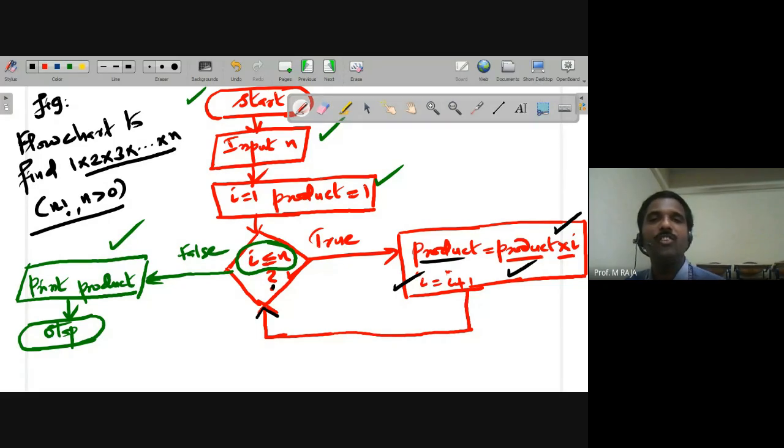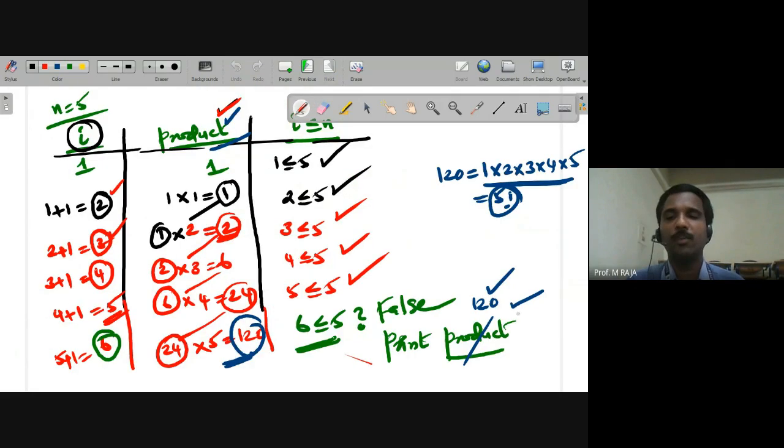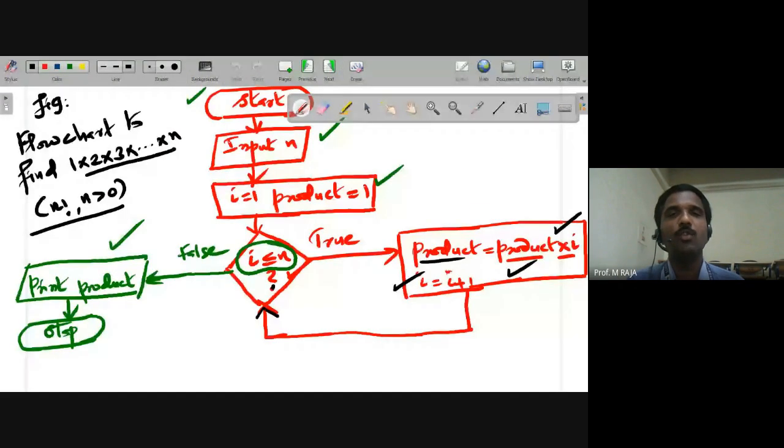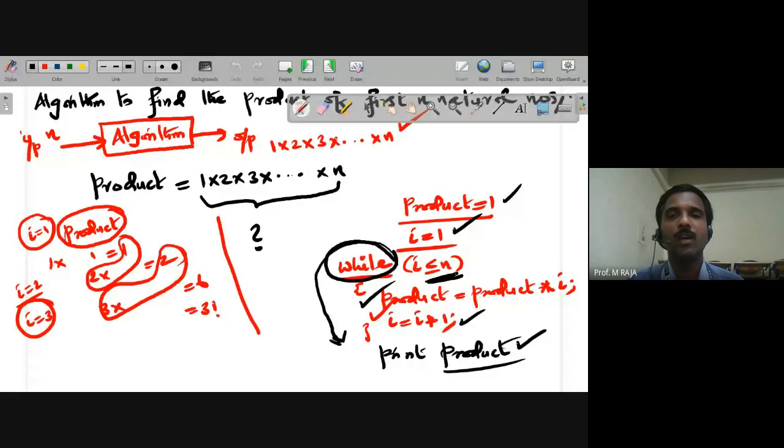So when n is greater than 0, suppose n is equal to 7, 8, right? 7 factorial, 8 factorial. These values are computed using this flowchart representation. So how do we write the algorithm? Step 1, start. Step 2, input n. Step 3, product is 1. Step 4, I is equal to 1.